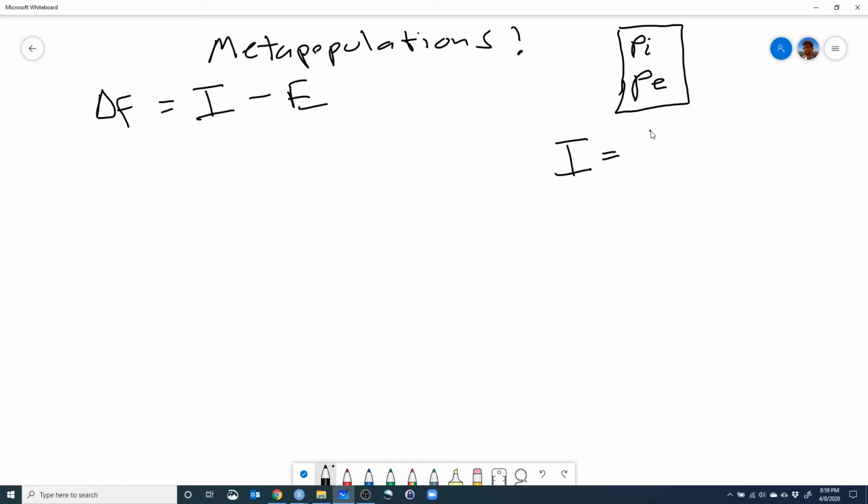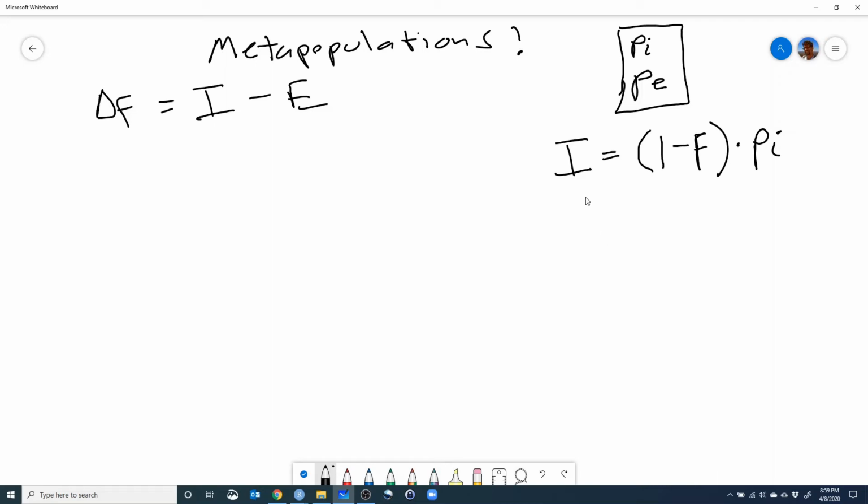So first we have to take 1 minus F, which is the proportion of the metapopulation that is unoccupied, right? And then we multiply that by the per patch probability of colonization. So we take only those patches that are currently unoccupied, 1 minus F, and we multiply by the probability of colonization. And that gives us the total fraction of the metapopulation that becomes colonized in a given year.